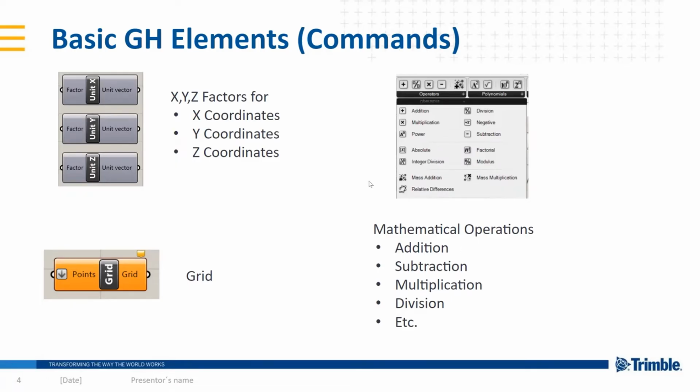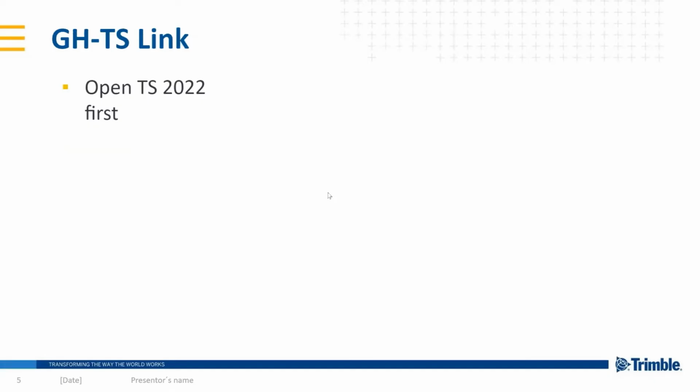So if you want to add two elements, you can use the addition, multiplication, division, and so on. There are also some mathematical operations there, okay? But of course, we'll just use the basic. But again, later on, if you have more problem solving, then I think you can use these mathematical equations in Grasshopper.